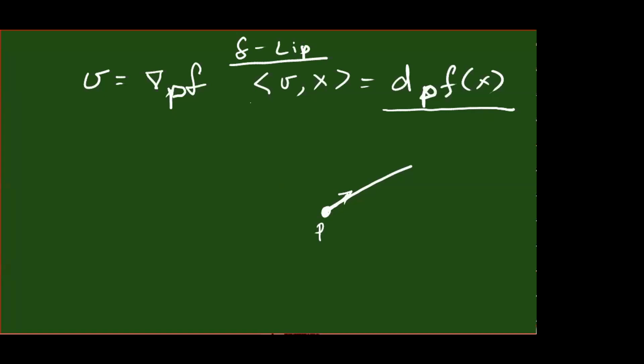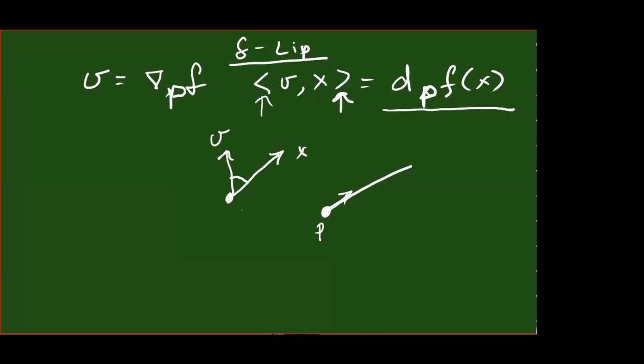Okay, now the scalar product. I use here a scalar product, which is usually associated with Euclidean space, but you can still do this. You have a vector v, you have a vector x, you can measure the angle between them. I call them vectors, but actually they are elements of the tangent cone.